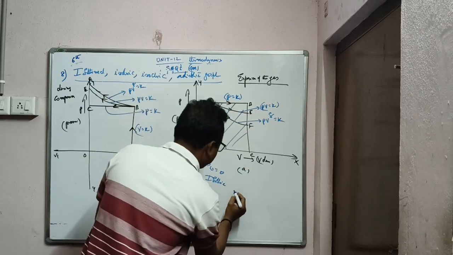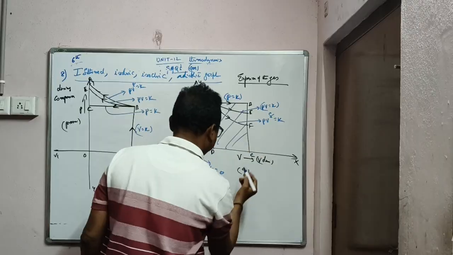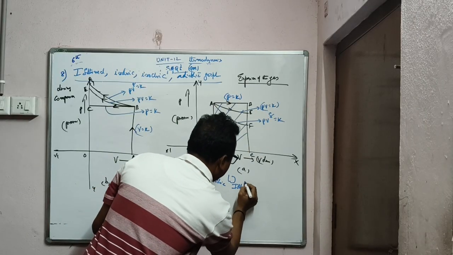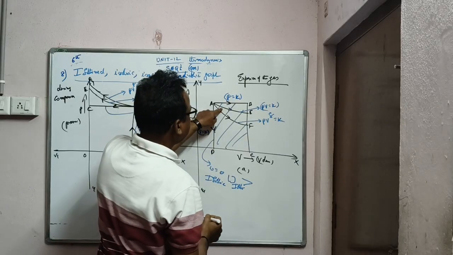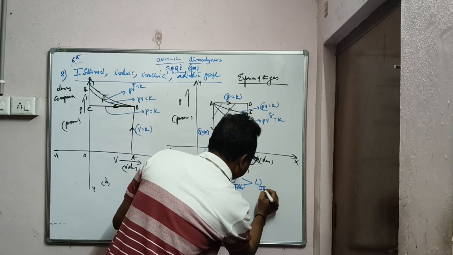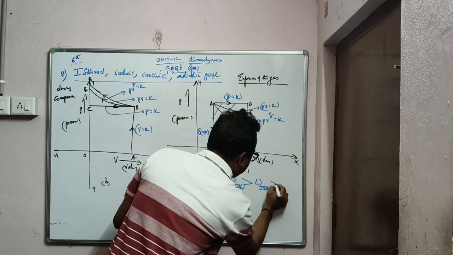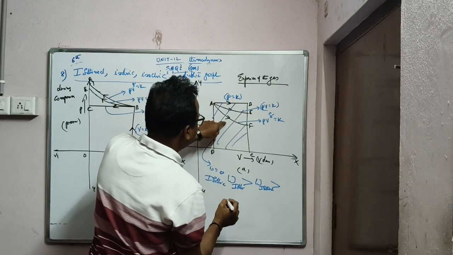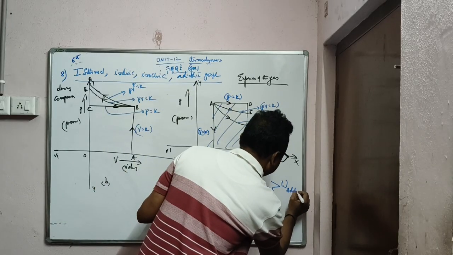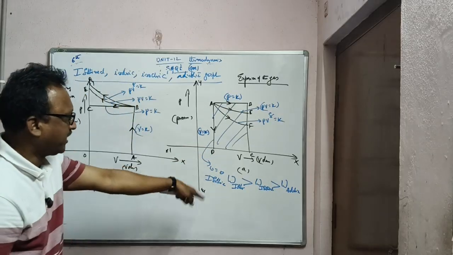So work done in isobar is greater. Next, isothermal is greater. Next, adiabatic. This is during expansion.